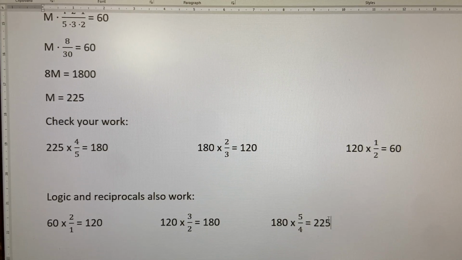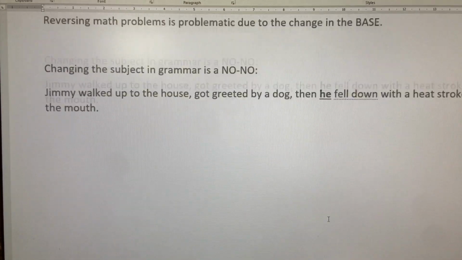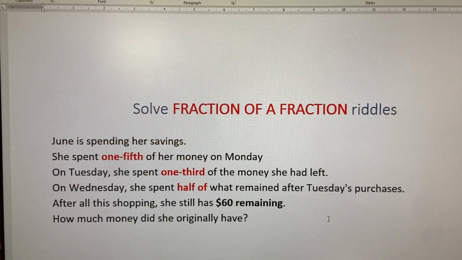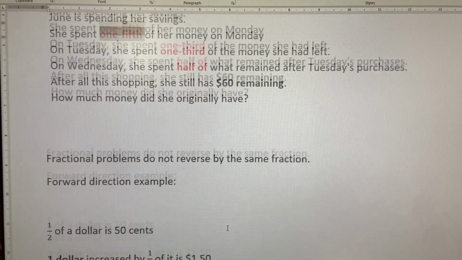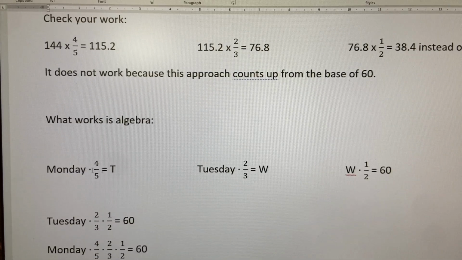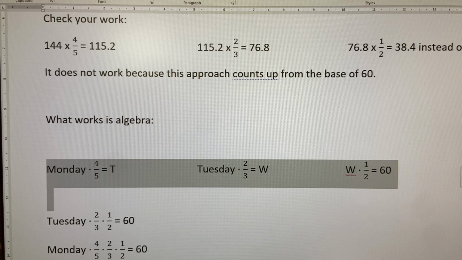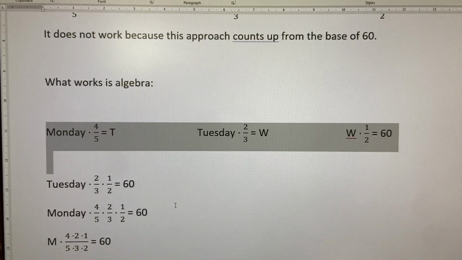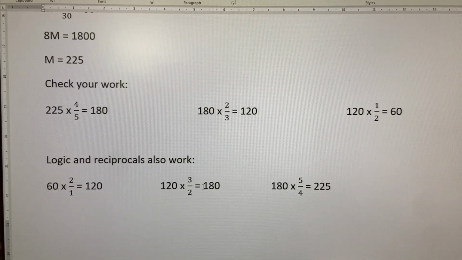So that's basically three approaches for dealing with fractional problems. You need either algebra of the original amounts, making equations like these ones again, and those are not the original amounts, those are the opposites of the original amount, something like that. Or you can work with reciprocals if you like reciprocals, like so.